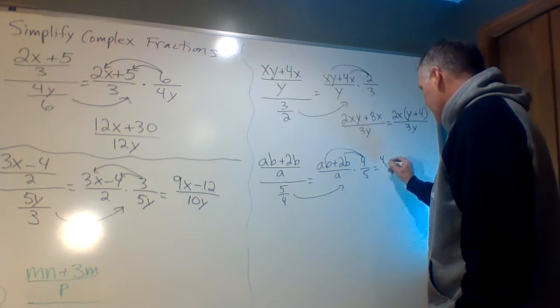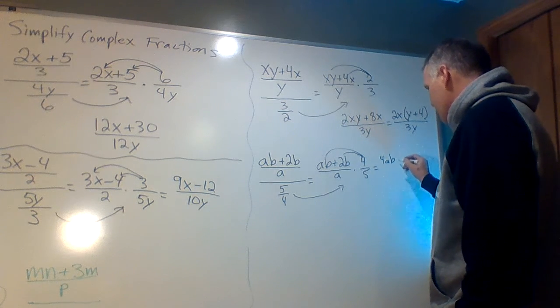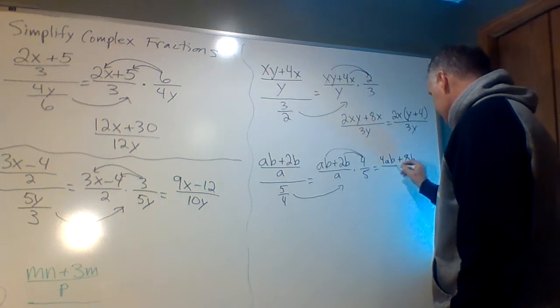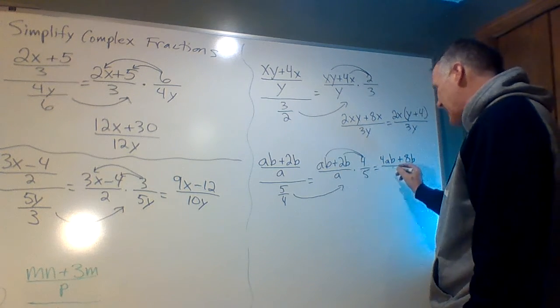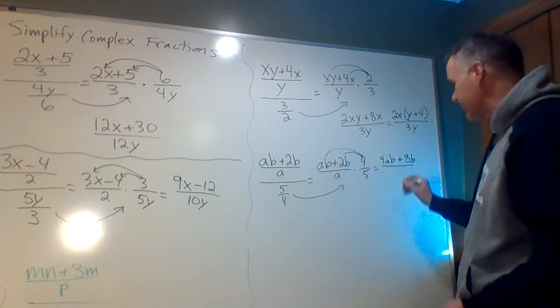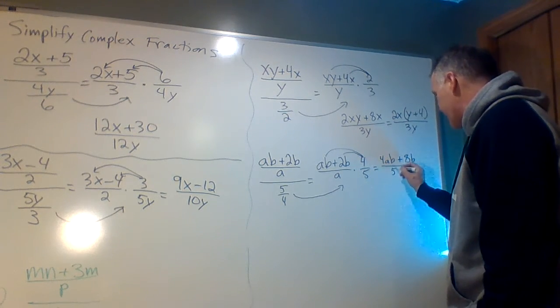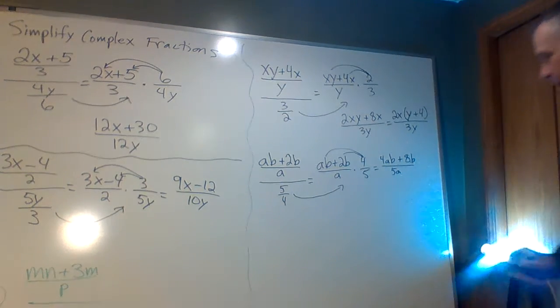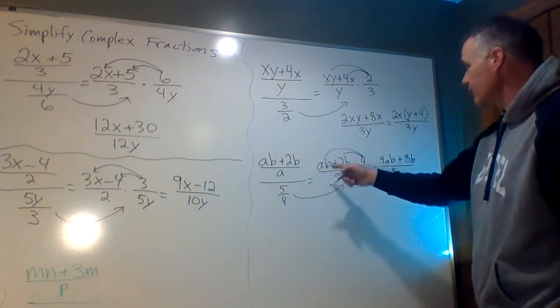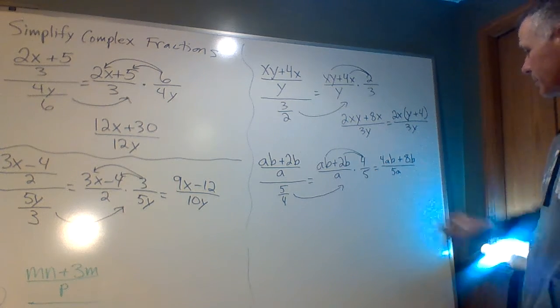So 4AB plus 8B. And then A times 5, but remember the 5 should go in front of the A. So you don't want to put A5, you want to put 5A. So over 5A. Does everybody see what we did? So again, distribute the 4 through there. This is what we get.